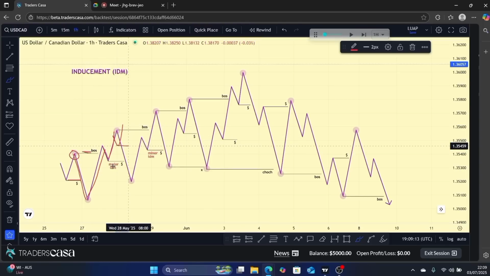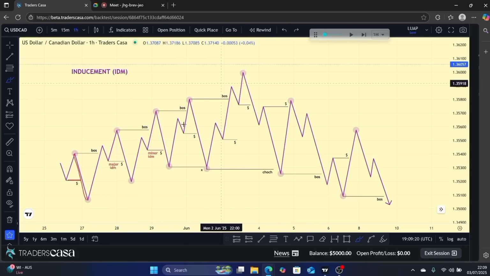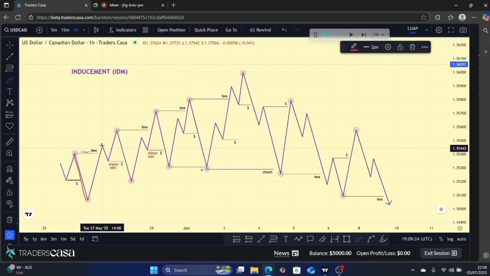But in this case, I've just marked already the one that we will be using as the recent one. So this one here is the recent valid pullback. That's a very important keyword, valid pullback, and the sell side liquidity resting below this recently formed valid pullback is what we call major inducement.